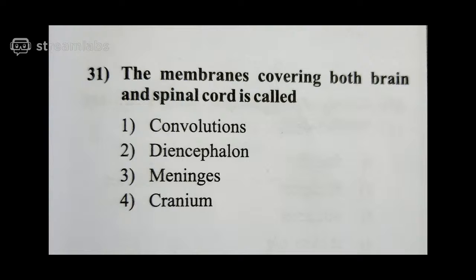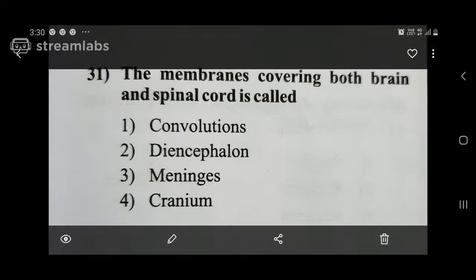The membranes covering both brain and spinal cord are called as convolutions, Diencephalon, Meninges, Cranium. Which is the right answer? The membranes covering brain and spinal cord.